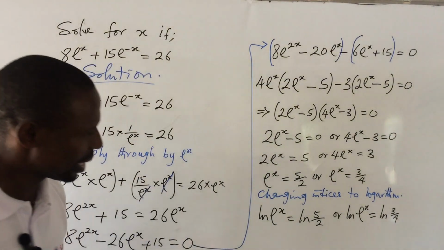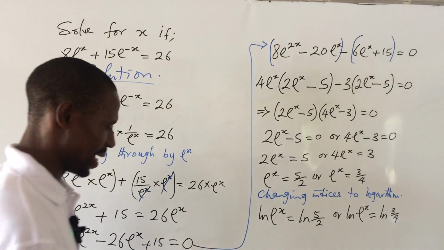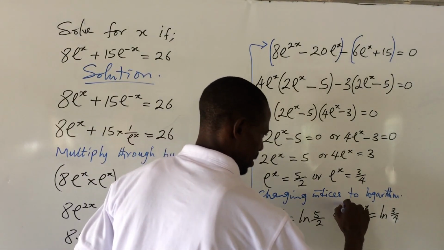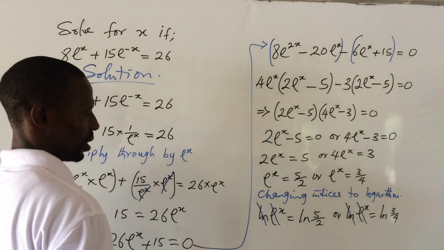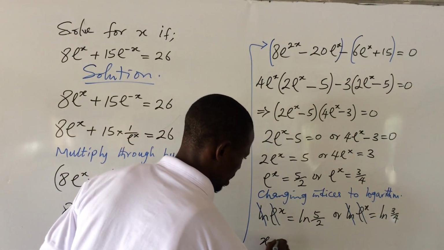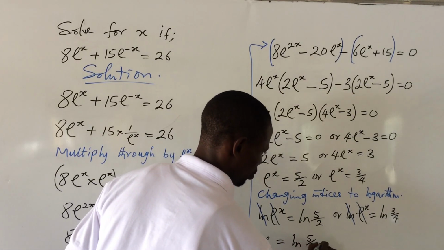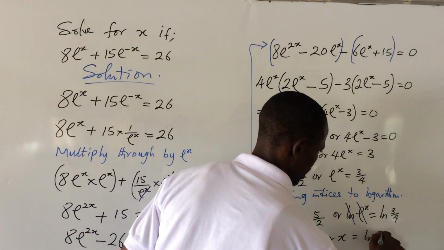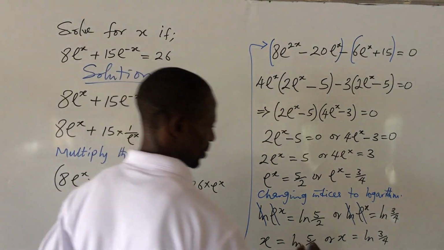Okay. Now that we have this, taking a critical look at this, this will take care of this. This will take care of this. We are now having x. So this expression can be written as x = ln(5/2) or x = ln(3/4). So we proceed from here.